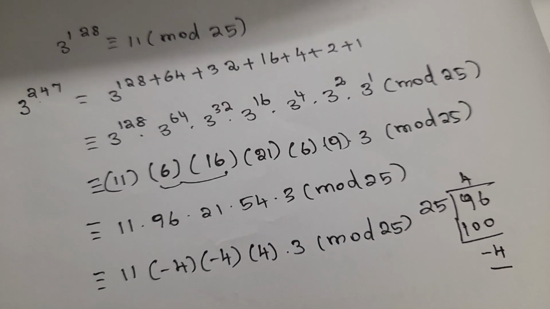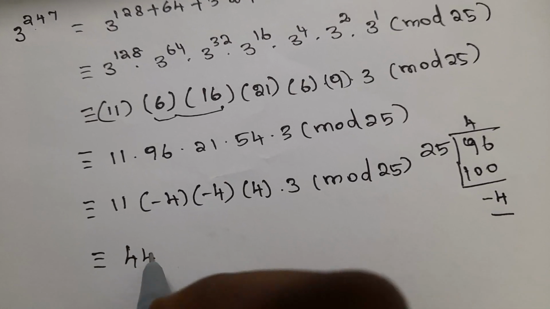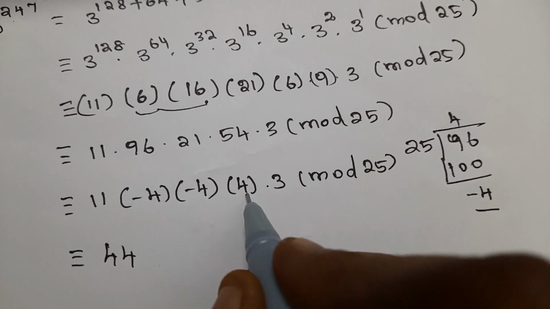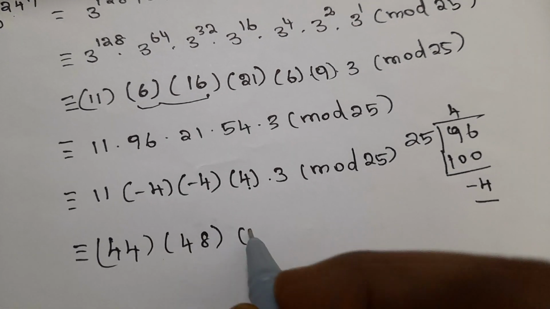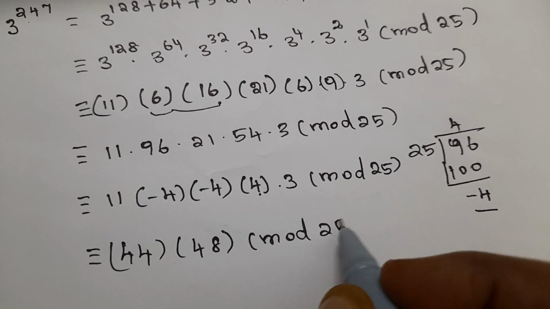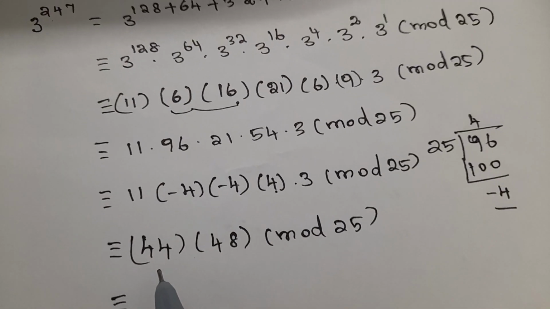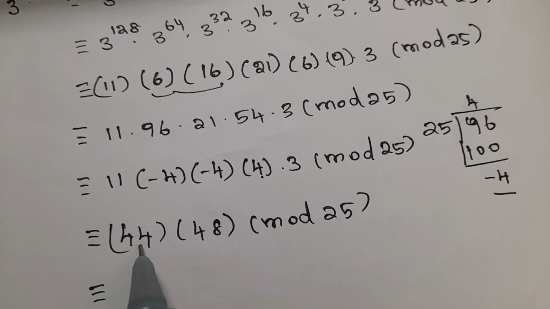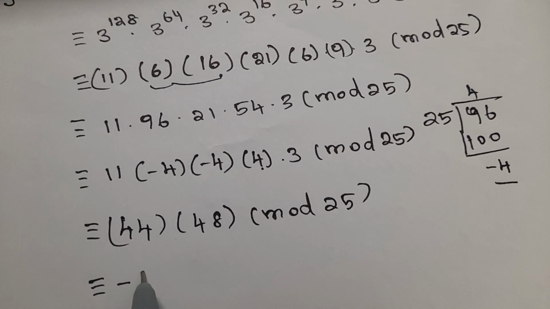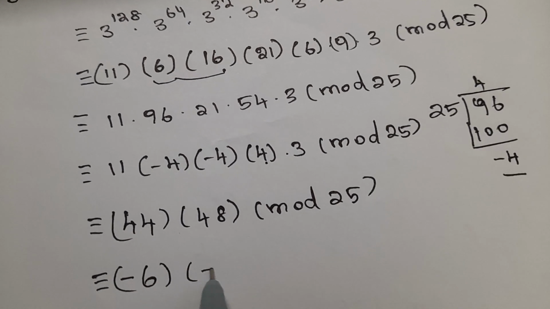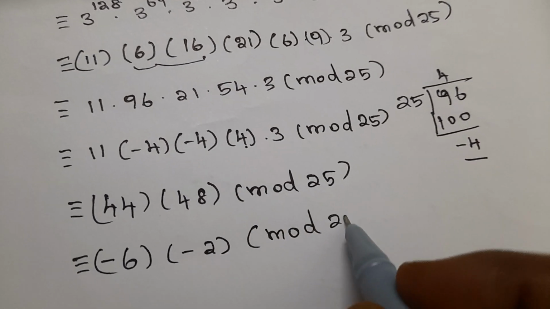This is congruent to minus into minus plus. So 11 into 4 is 44, again 4 into 4 is 16, 16 into 3 is 48, mod 25. Again, in 44 we check how many 25s there are. This is nearer to 50, so instead of 44 we take minus 6, and 48 becomes minus 2, mod 25.